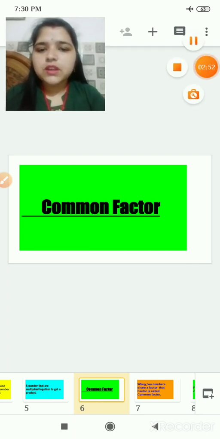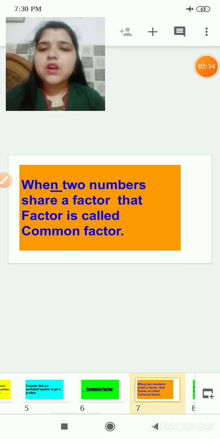Now our first topic is common factor. What do you mean by common factor? When two numbers share a factor, that factor is called a common factor.